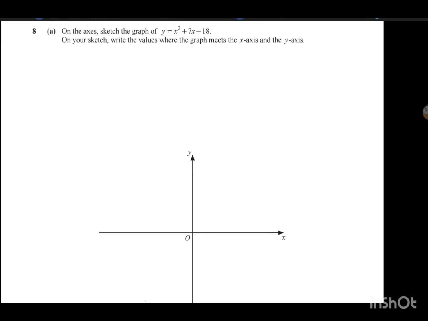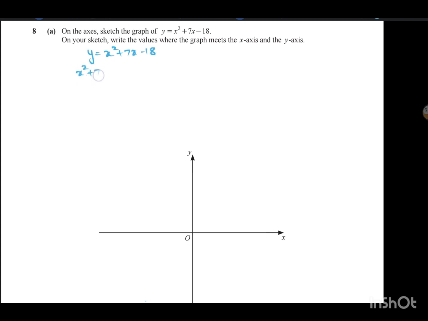Question number 8. On the axis, sketch the graph of y is equal to x square plus 7x minus 18. On your sketch, write the values where the graph meets the x-axis and the y-axis. So let us take this equation, x square plus 7x minus 18, and find the factors of this expression.